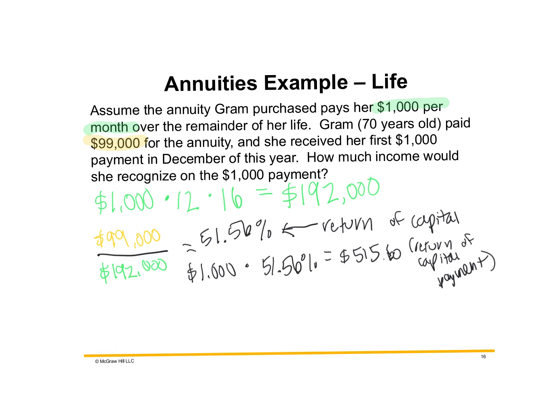So then, to get our taxable income per payment, that will be the difference.